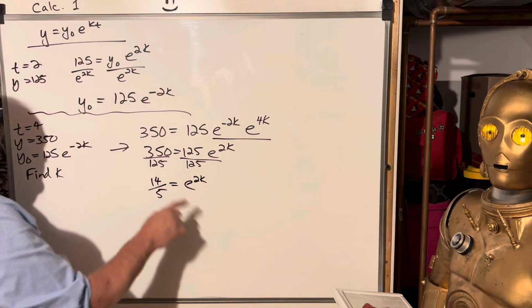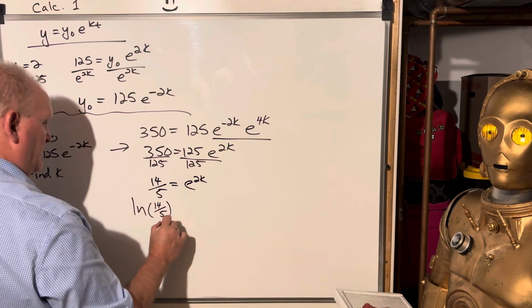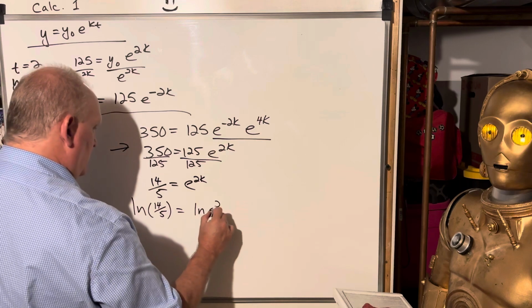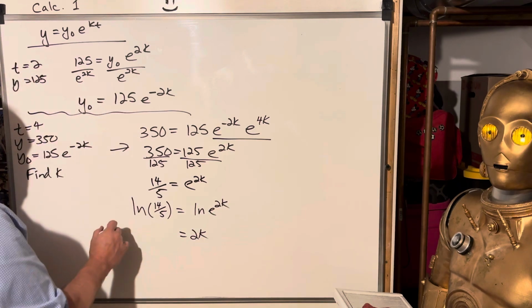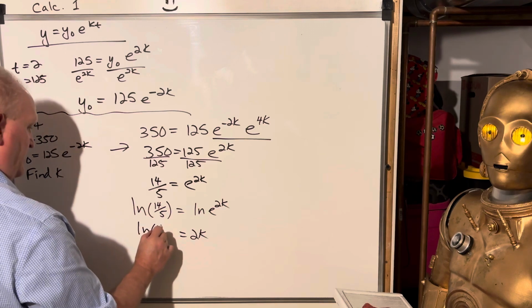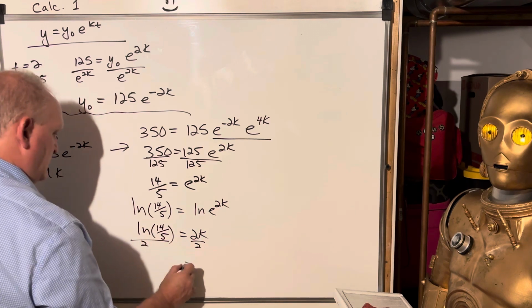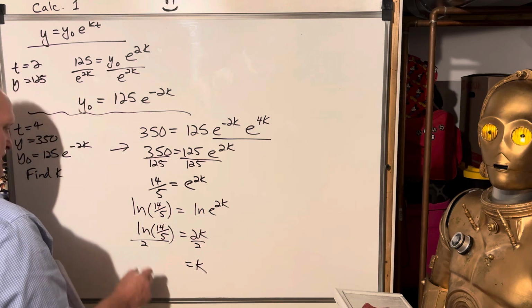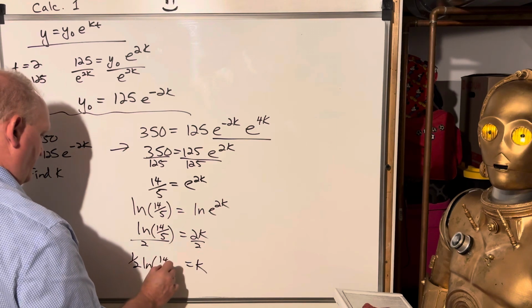And then natural log both sides. And so we got 2k is equal to ln 14/5. So divide by 2. So we have k is 1/2 ln 14/5.